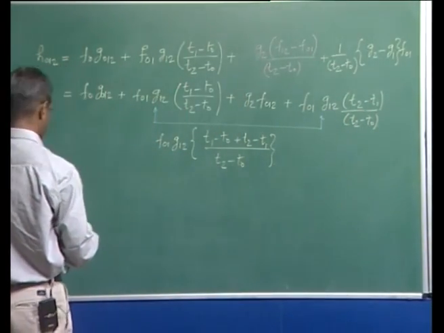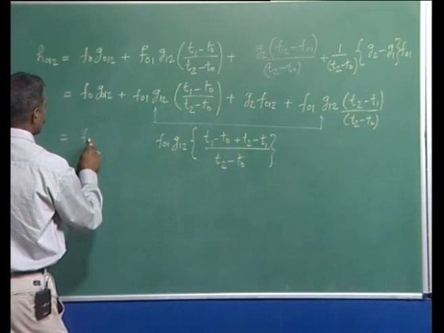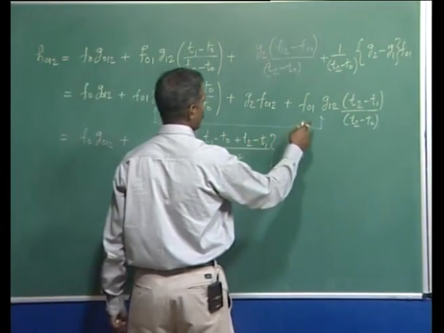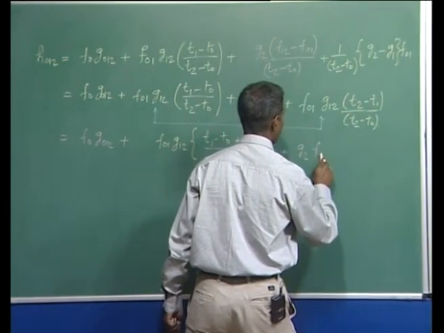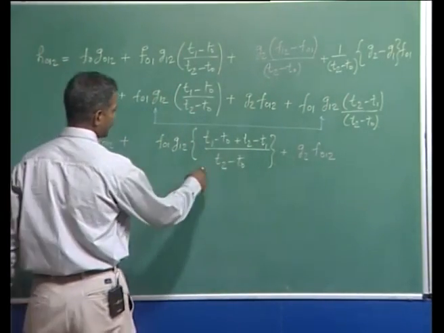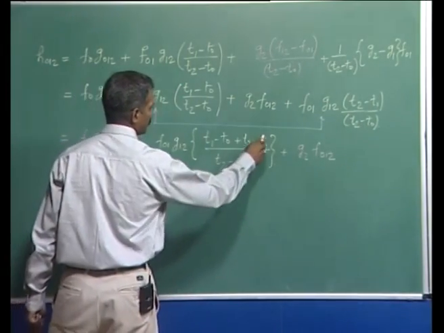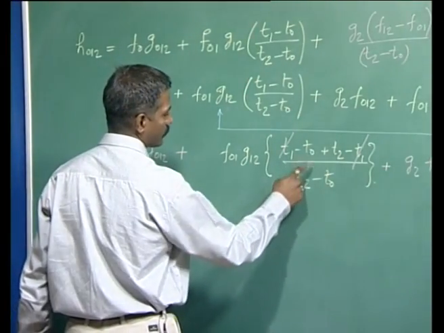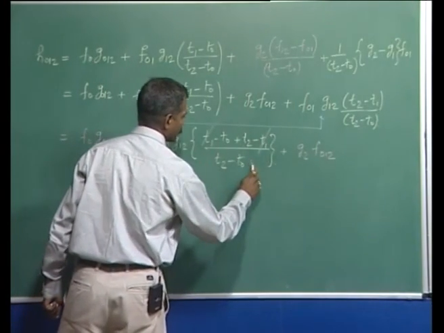What am I left with? I'm left with F0 G012 plus I'm left with G2 F012. If I simplify this factor further, T1 cancels out, and T2 minus T0 cancels out with T2 minus T0 here. So this term is equal to 1.